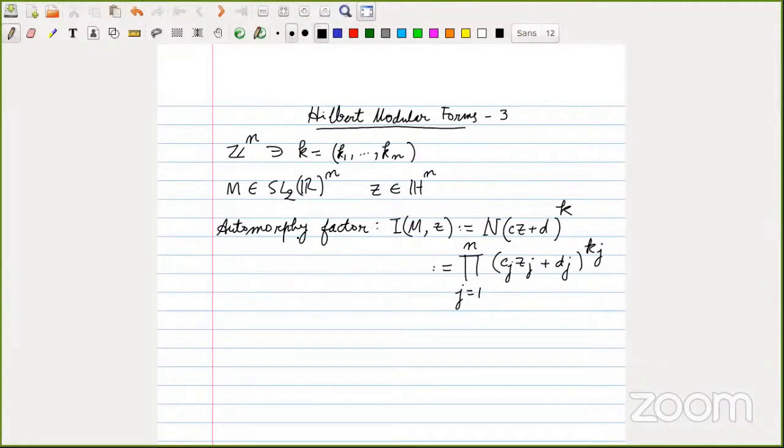So this is one possible automorphy factor, and then what one can see is that it satisfies this cocycle condition.